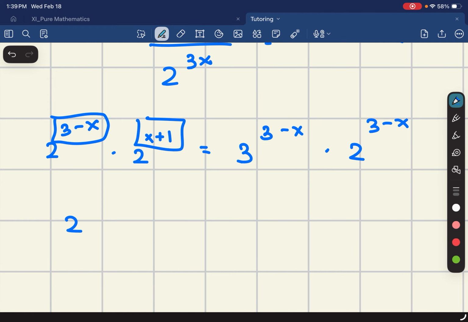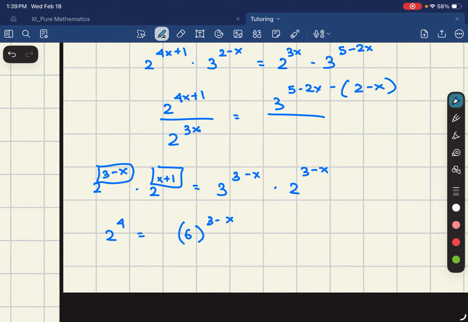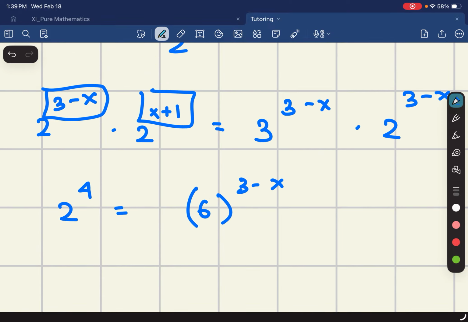So 3 minus x plus 1, that is 4, is going to give me, and if you simplify, this is going to be 3 minus x. So 2 to the power 4, and again, if I simplify, this is just 6 cubed over 6 to the x. So 2 to the power 4, that is 16.